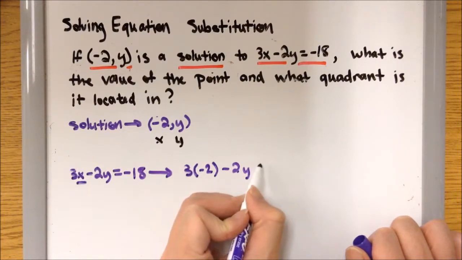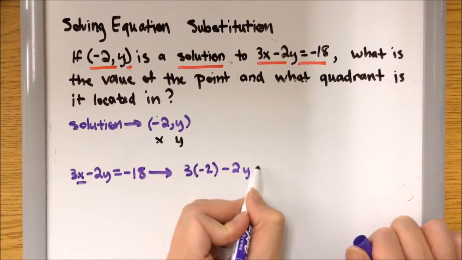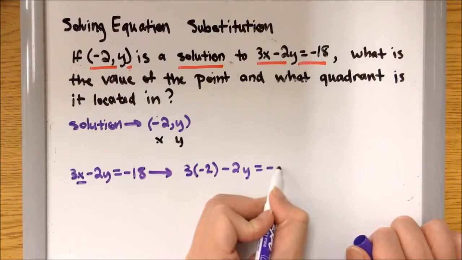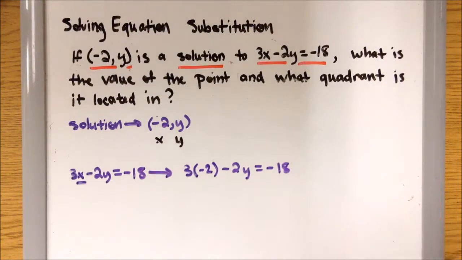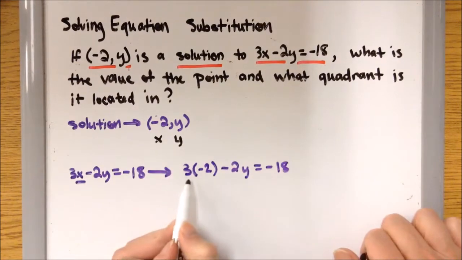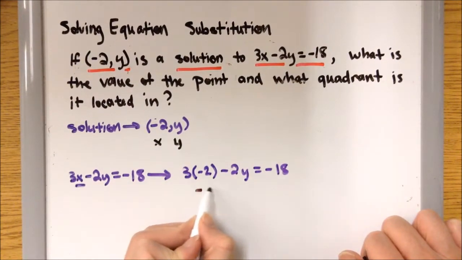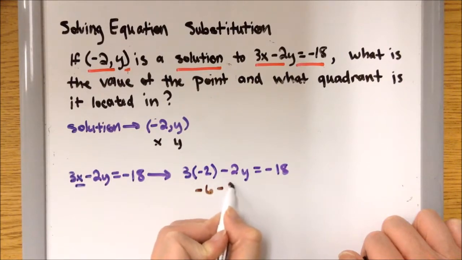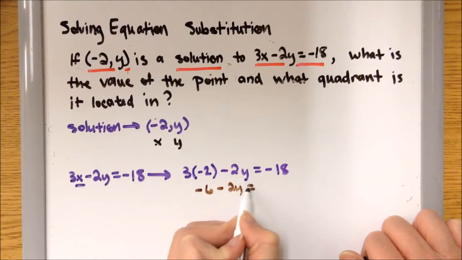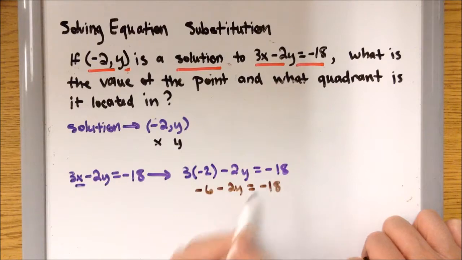We don't know what y is, so we're just going to leave it like that, equal to -18. Now we're going to simplify 3 times -2, which is -6, minus 2y equals -18.